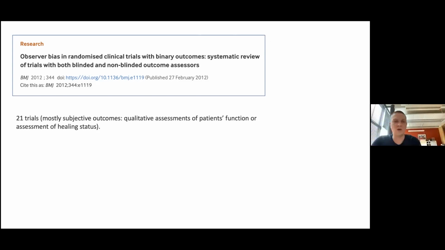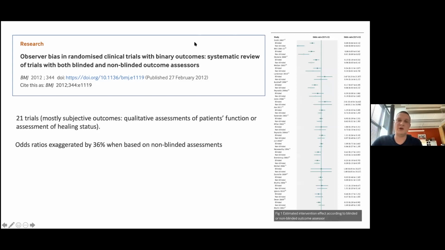What they found was that odds ratios were exaggerated by 36% when the measurement was based on non-blinded assessment. So when the assessor was not blinded, when they knew which allocation the patient had, odds ratios were exaggerated by 36%.